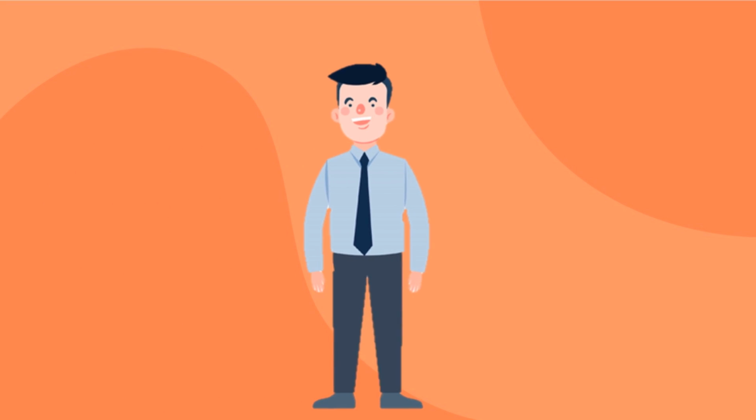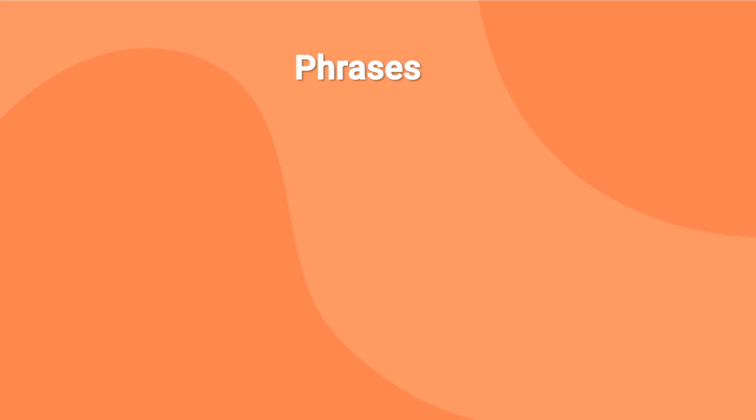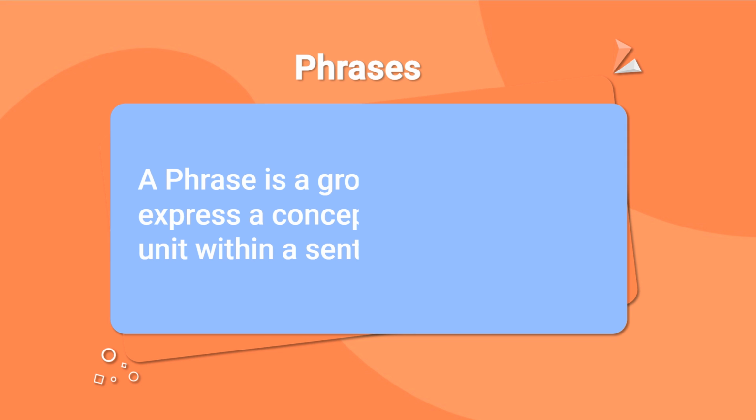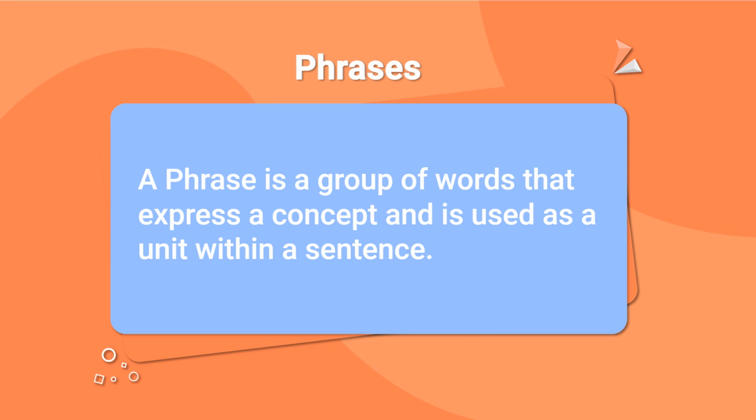Now finally, let's take a look at phrases. A phrase is a group of words that express a concept and is used as a unit within a sentence. Simply put, a phrase is a unit of a sentence that, when standing alone, makes some sense. Bear in mind that there are different types of phrases.